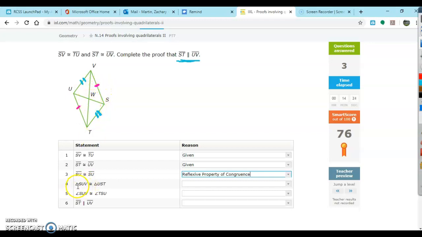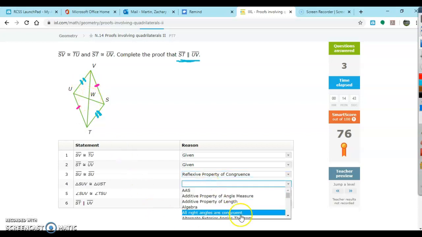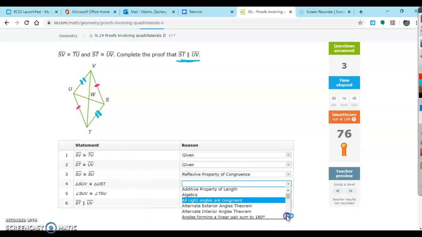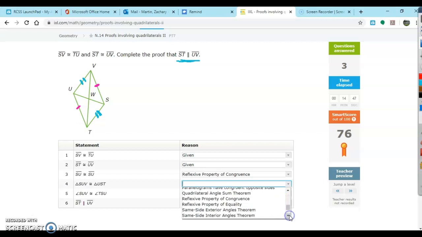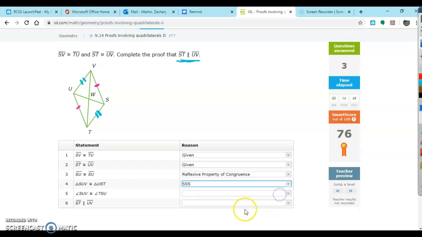We're looking at triangle SUV, so SUV right here, and then we're looking at triangle UST. Oh, that looks like side, side, side. Side, side, side congruence. These triangles are congruent because corresponding sides are congruent. So that looks like side, side, side congruence theorem.